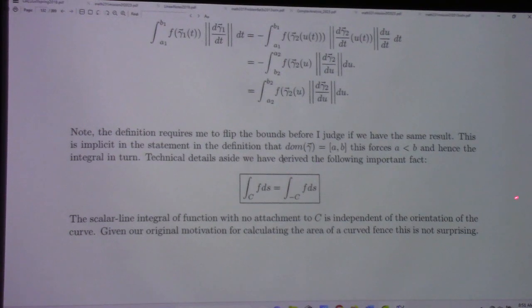Maybe that means that later we'll be looking at a scalar integral where the thing we're integrating actually has an attachment to the curve. See, if the thing you're integrating actually is defined in terms of the curve, then this doesn't have to happen. But in as much as the scalar function is not curve dependent, this is a truism. A tautology, for you Math 200 students. Let's see here.